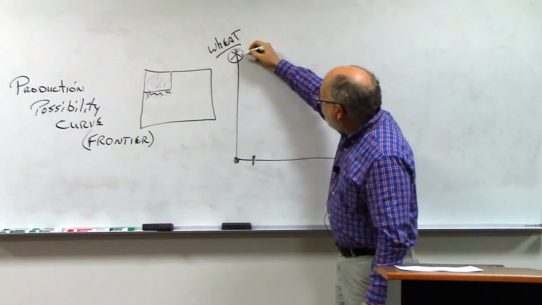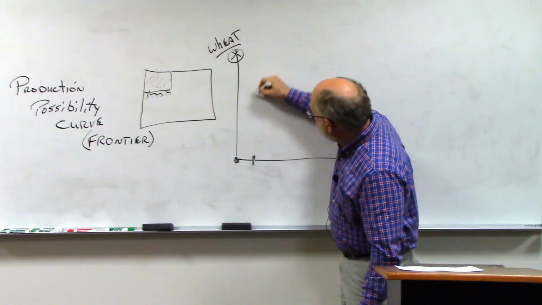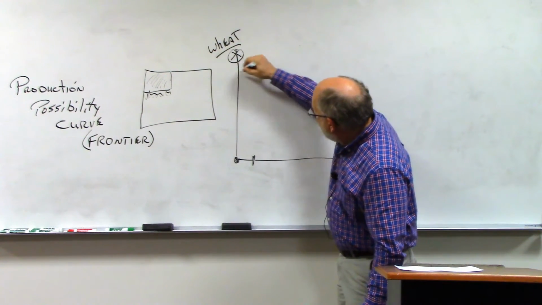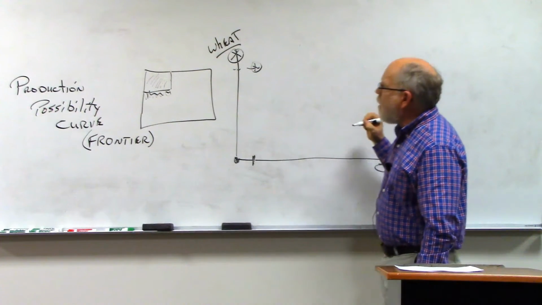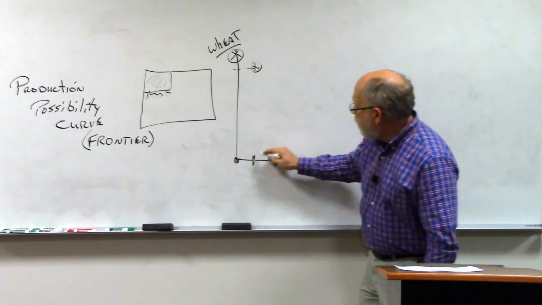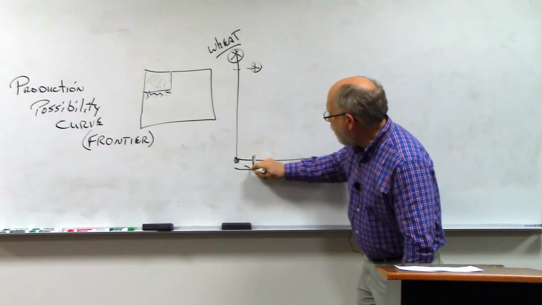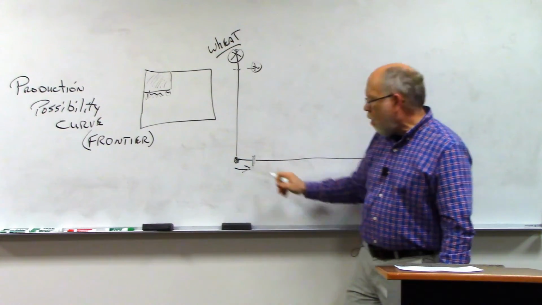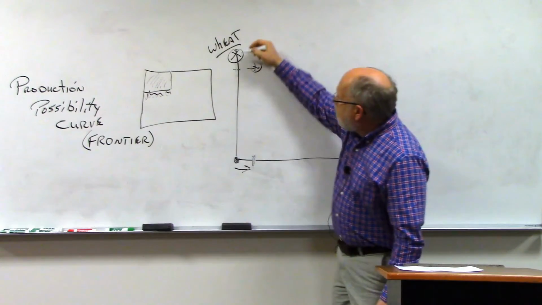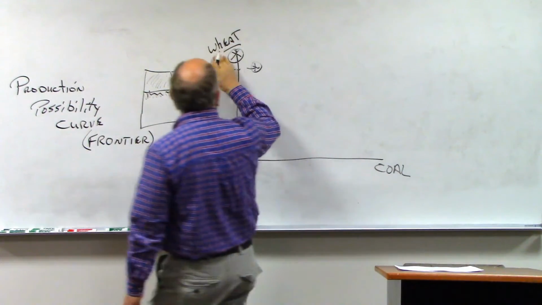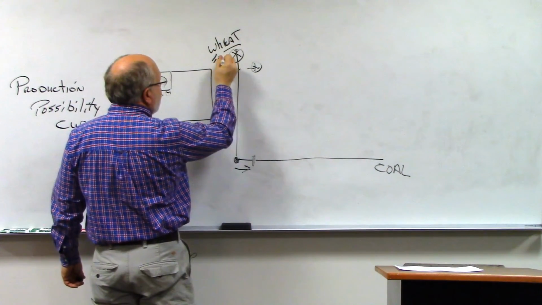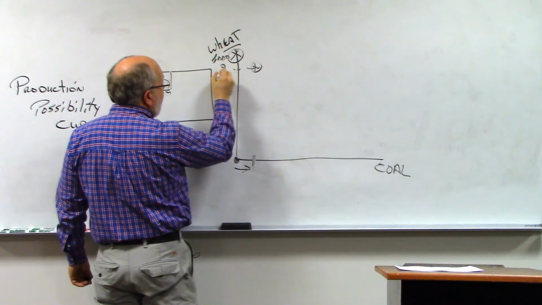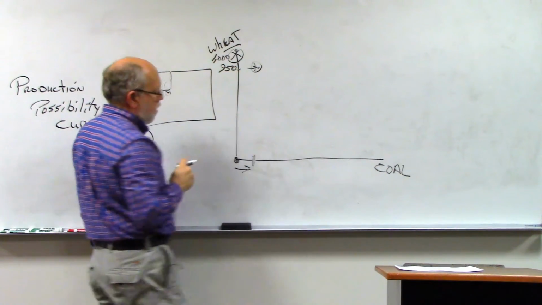So we're going to have to reduce the amount of wheat we produce in order to produce some amount of coal. We go from zero coal production to some amount of coal production. And the amount of wheat, let's just put some numbers here. Let's say it goes from 1,000 units down to 950 units.